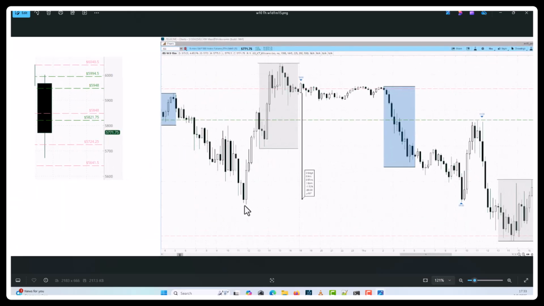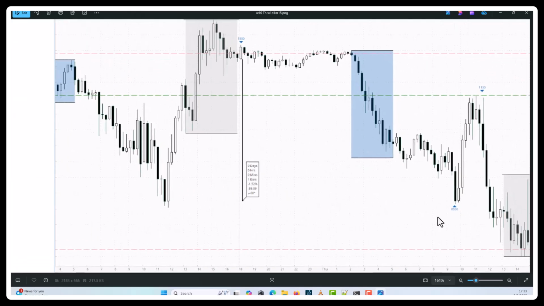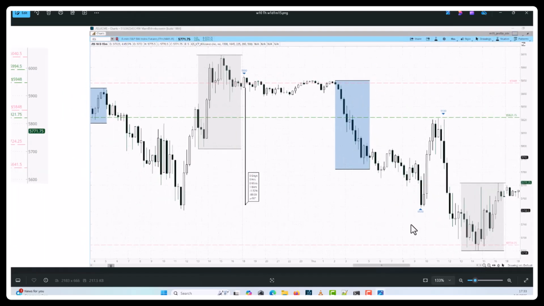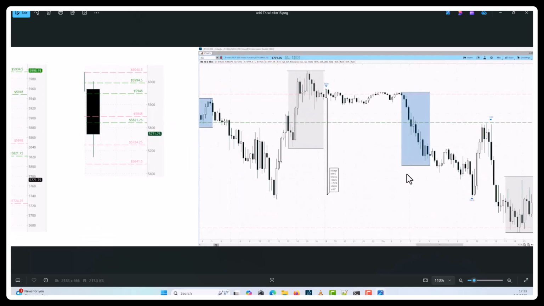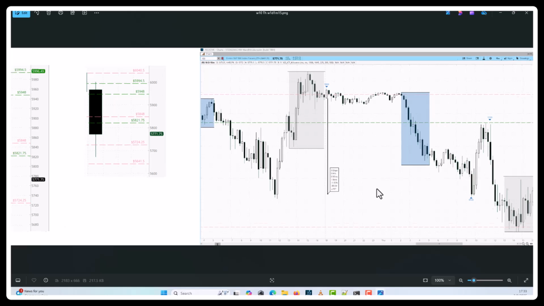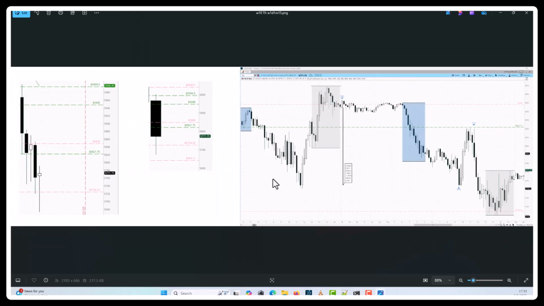Or go back, yes, the low right there. Or the low of the 9:30. So that's the candle formation. From the weekly level, we can see how it manifests itself in the daily, and then in the 15 minutes. So that's for this week.